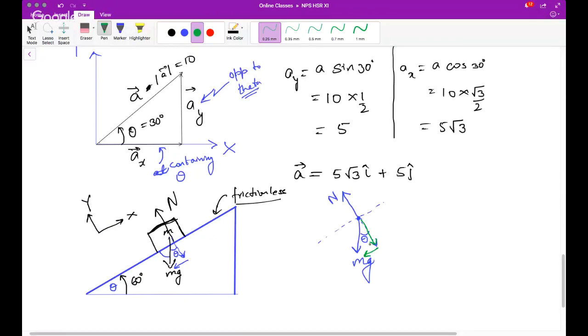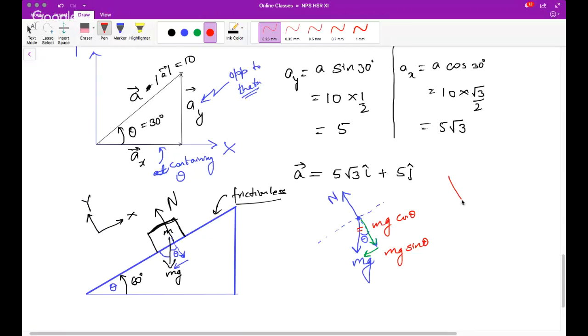Now, what will be this? This particular side contains theta, so this component will be mg cos theta, and the other component will be mg sine theta, because it is opposite to theta. So I can now neglect the original vector. Hence we resolved the vector mg into two components, mg sine theta and mg cos theta.